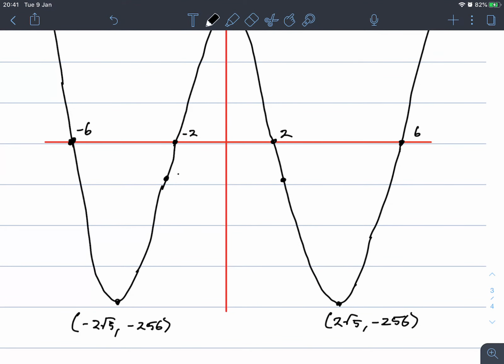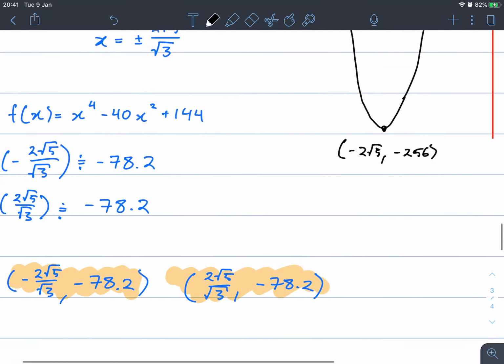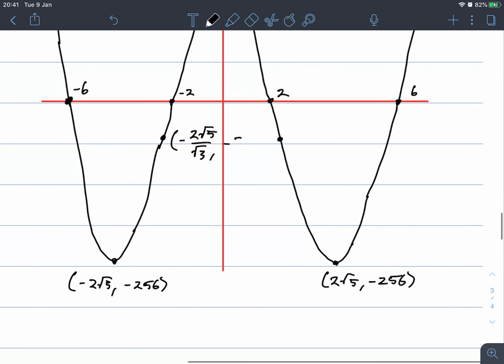So that those points are -2√5 on √3 and -78.2. That one, and this point here is 2√5 on √3, -78.2.